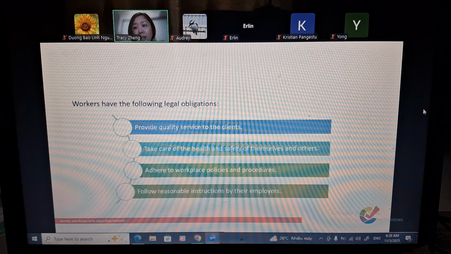And in the worst case, you may have some legal issue, right? Because that is your legal obligation. You breach the legislation, or you breach your organization's policy and procedure, and put someone at risk, or cause death to anybody, or cause any permanent disability to your clients or to your colleagues. Definitely a huge problem.